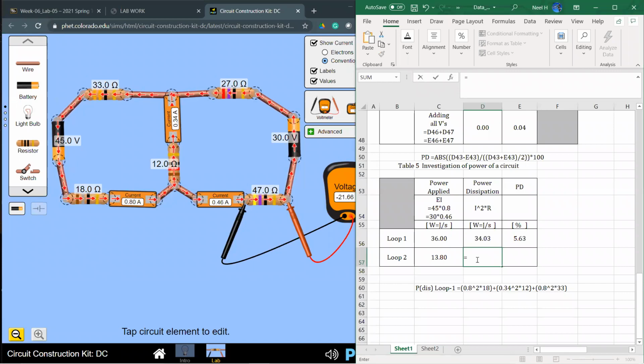Like the previous function, equal sign, parentheses. I for the top resistor on the right hand side small loop is I2, 0.46 to the power 2 times resistor 27 plus open brackets, current passing through R5, 0.34 to the power 2 times 12 ohms, plus open brackets, current passing through the very bottom resistor on the right hand side, 0.46 power 2 multiplied by 47, and close brackets, hit enter.